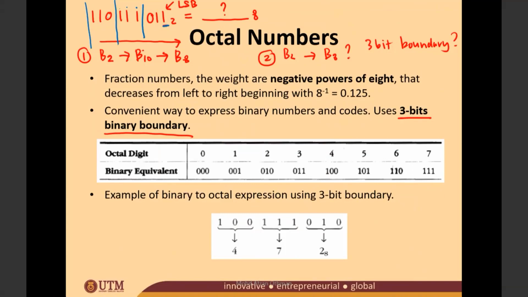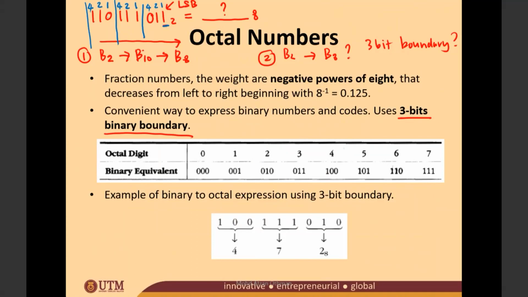Okay. Lepas kamu dah dapatkan dia punya 3-bit boundary, lepas tu kita nak buat apa pula? Okay. What you need to do here is kita buat dia punya weightage. Okay, kita dapatkan dia punya weight. Okay, yang ni adalah 1, 2, 4. 1, 2, 4 and this one was 1, 2, 4. Okay, lepas tu nak buat apa?